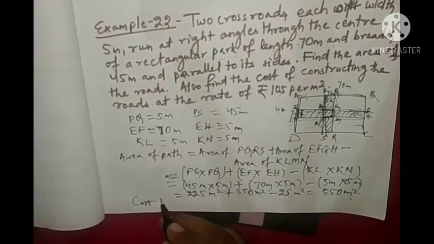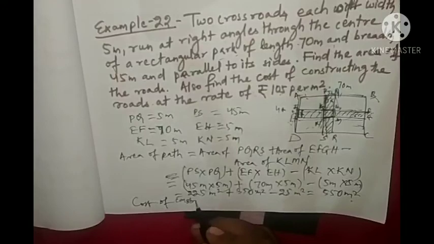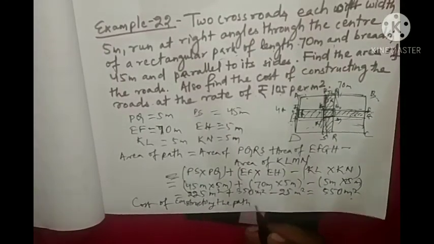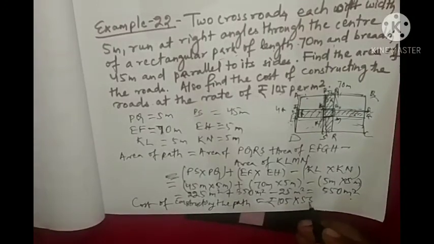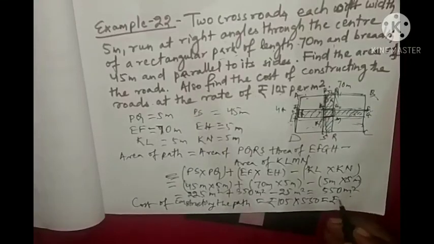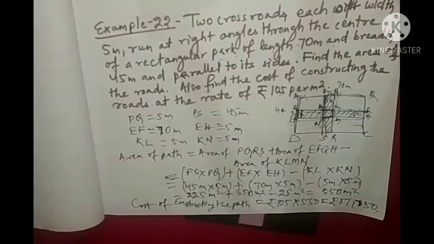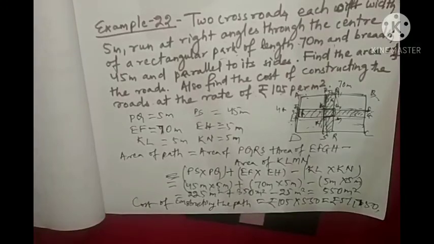So the cost of constructing the path equals rupees 105 into 550, that is rupees 57,750. So this is all about units, converting units and the applications. Okay. Thank you.